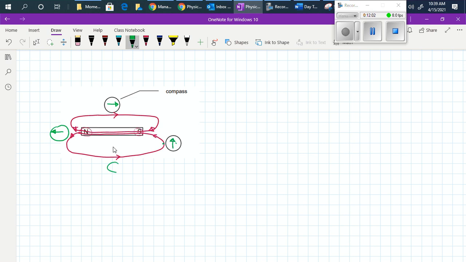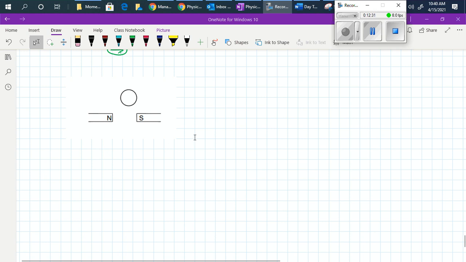If you place the compass here, then it will be going west, not east. And then if you place the compass here, at this point it is going up, but if it was here, then it will be going like this.